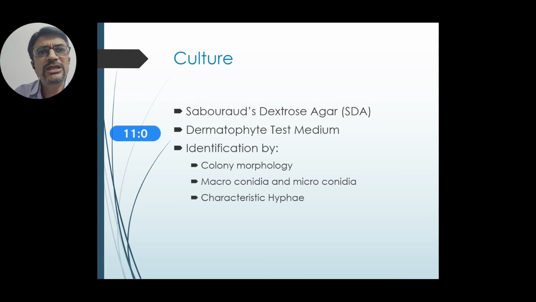If it is multicellular, then we call it macroconidia. Different species have different characteristics of size, shape, and arrangement, so you can diagnose by that. And sometimes there is a characteristic hypha. All this would help you to identify the genus and the species of the dermatophytes.